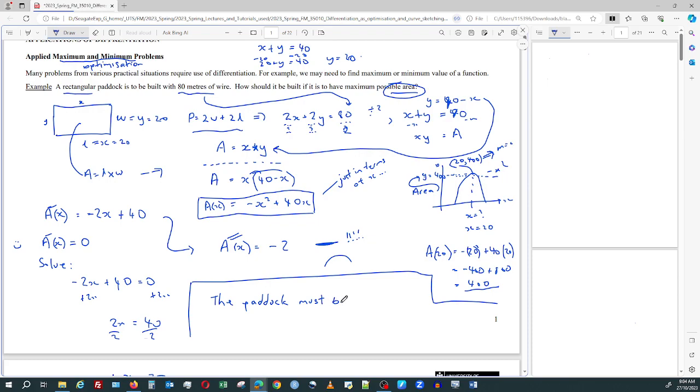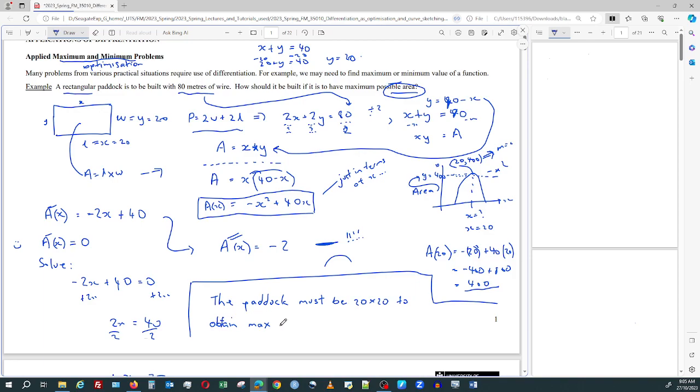Now, in order for the maximum area to be obtained, we must have x and y at the same length. So that makes it a square. And a square is a subset of a rectangle. It's a rectangle with the same length.